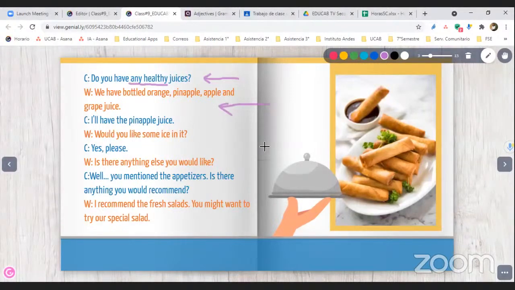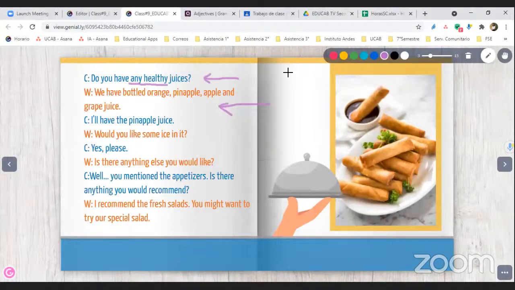Can you spot the adjectives? Because we have many there. Let's see. Ildamar, can you tell us which are the adjectives in that sentence? Yes, what kind of juice? So what kind of juice do they have?